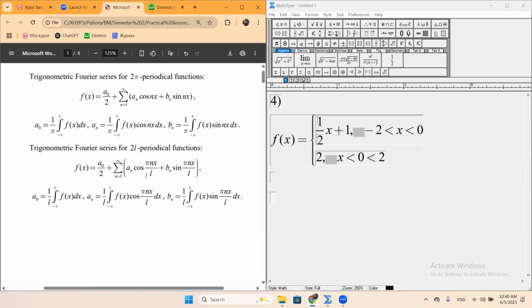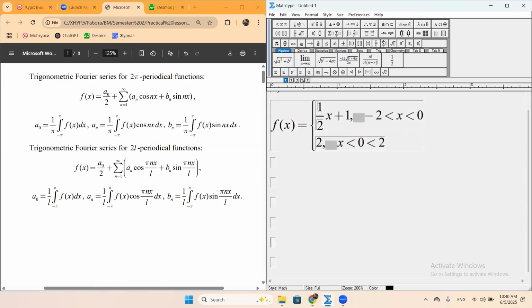In the argument of cosine and sine we have pi n x over L. When calculating integrals, the argument of cosine and sine is changed, and we also divide by L. So 2L equals 4 and L equals 2.